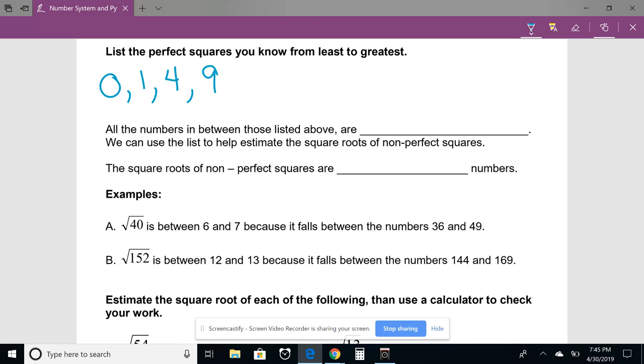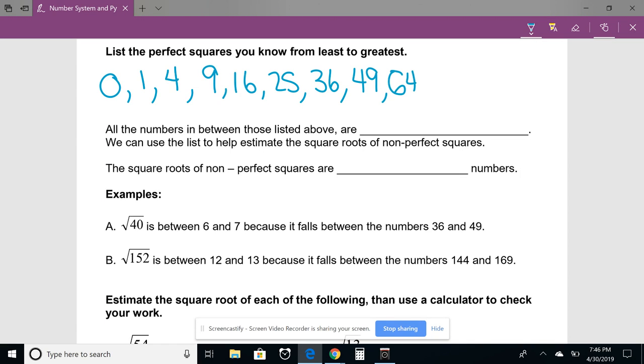So for the rest of these, I'm just going to square each of the whole numbers that I know to figure out the perfect squares. 4 squared is 16. 5 squared is 25. 6 squared, 36. 7 squared, 49. 8 squared, 64.